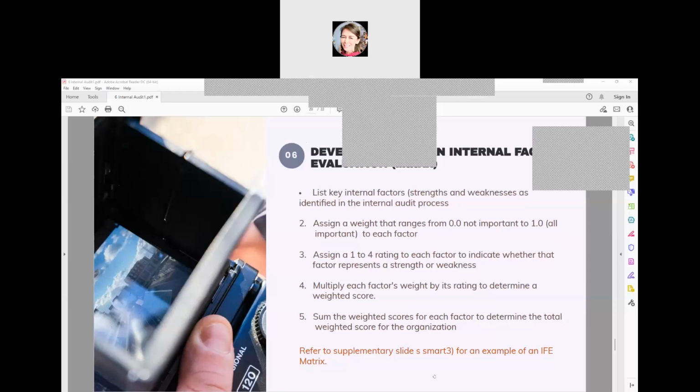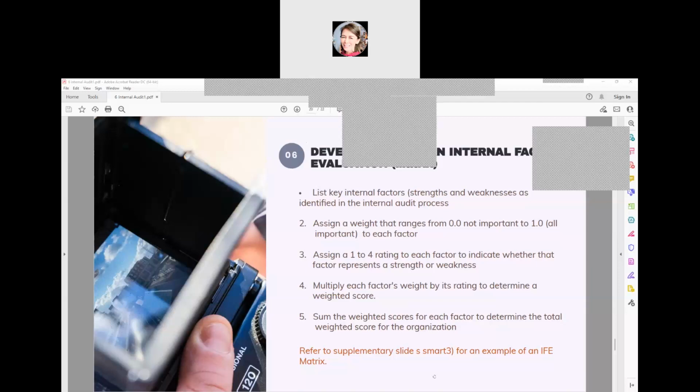Organizations or managers can identify as many as they like. Actually, the more the better. Like I said, it provides clarity for future direction. But the key here is to identify at least 10 to 20 key internal factors in terms of strengths and weaknesses.